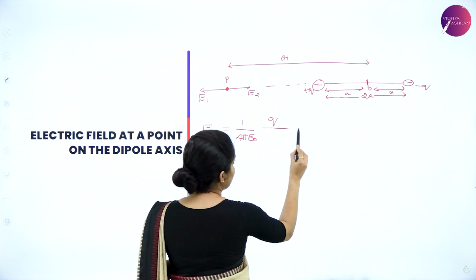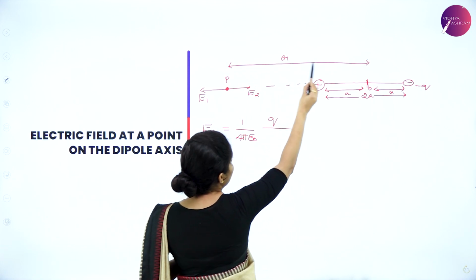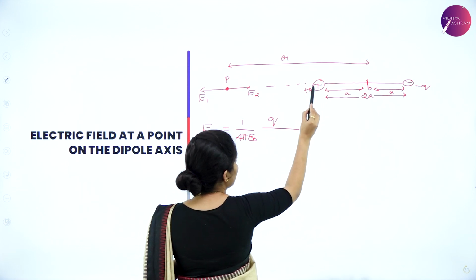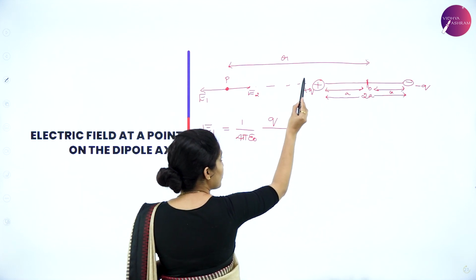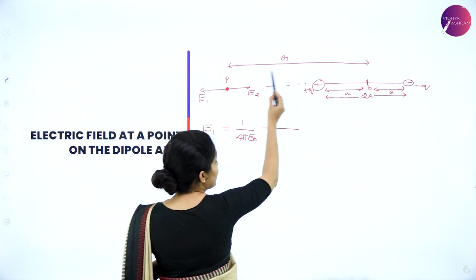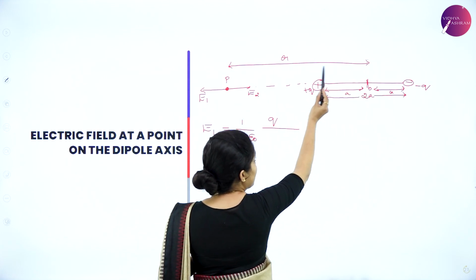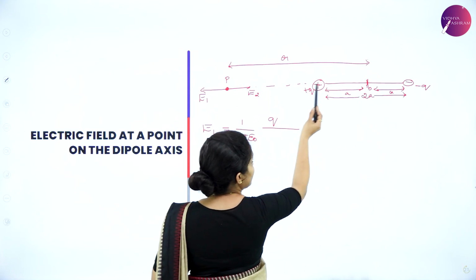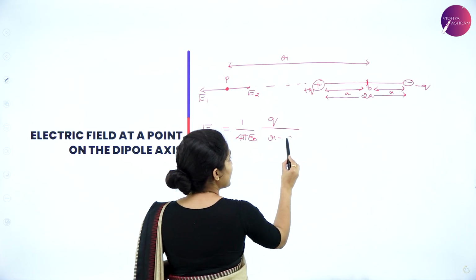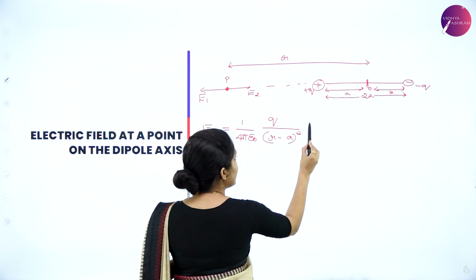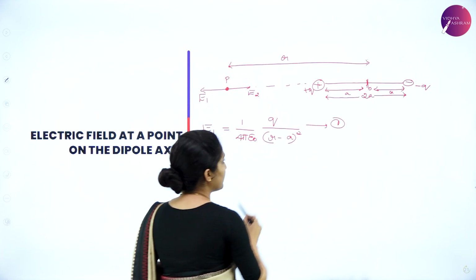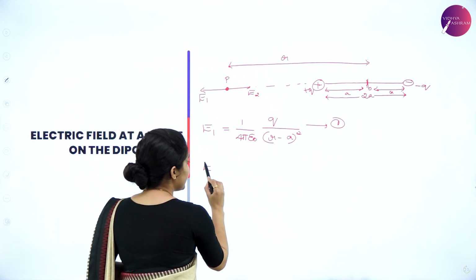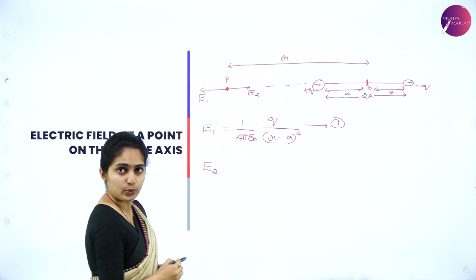So q divided by the distance from q to P. From the midpoint to P it is r, but since we are checking the influence of q on P, we have to subtract a, so it is r minus a the whole square. Consider this as equation 1. Next, we have the electric field due to E2.